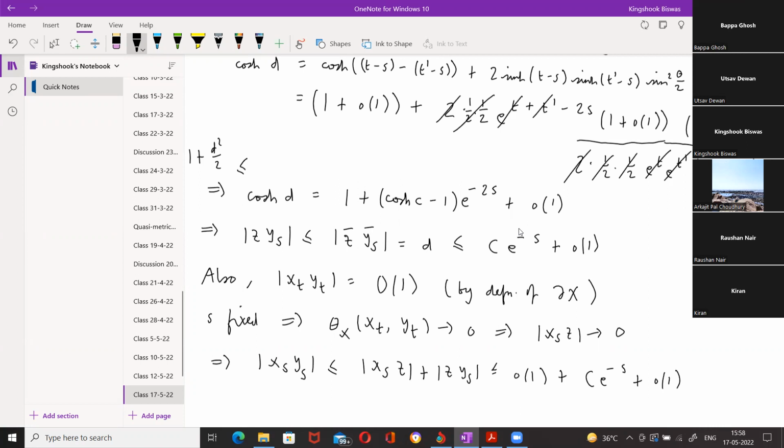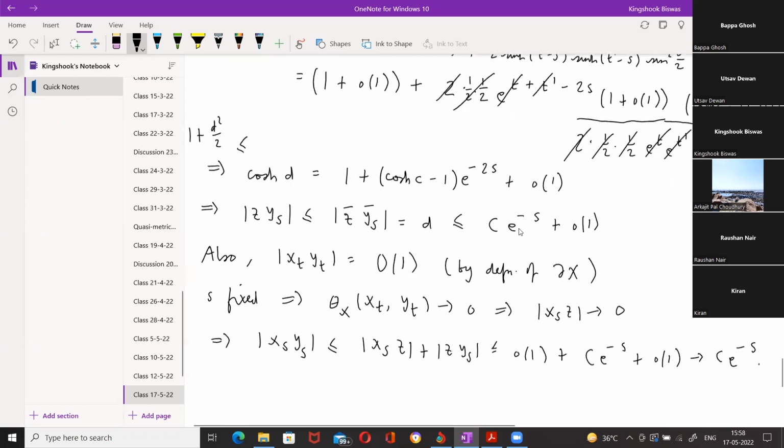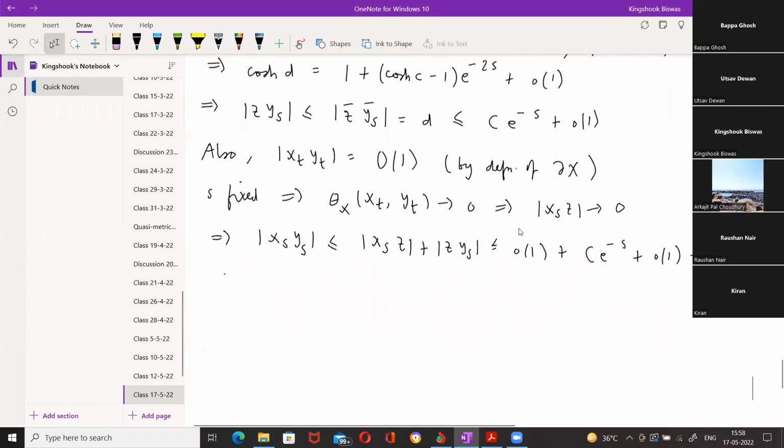So the whole thing tends to a constant e to the minus s. Is this clear? So therefore, the distance xs, ys is less than or equal to a constant e to the minus s.